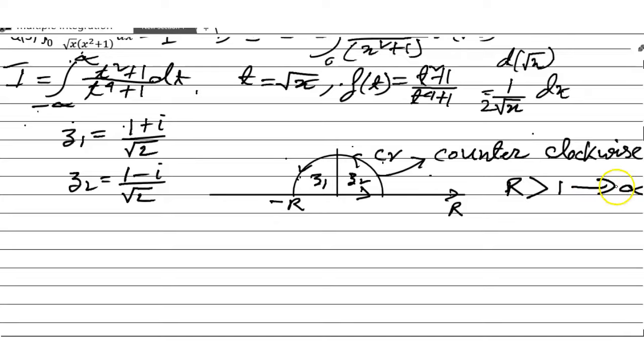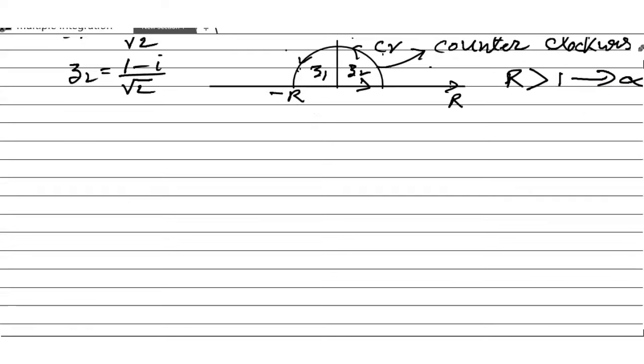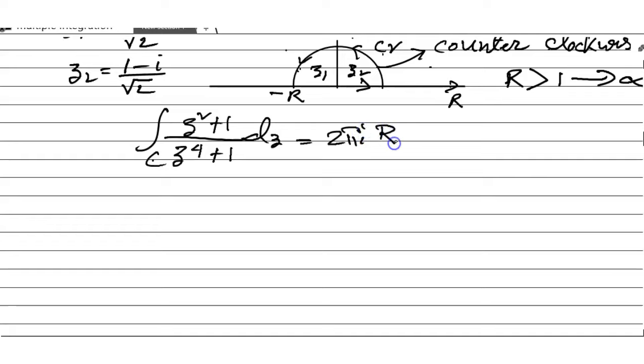Next, friends, the integration over capital C of (z square plus 1) divided by (z to the power 4 plus 1) dz equals 2 pi i times the residue of f(z) at z equals zr.